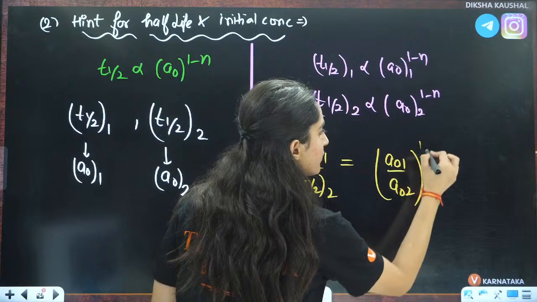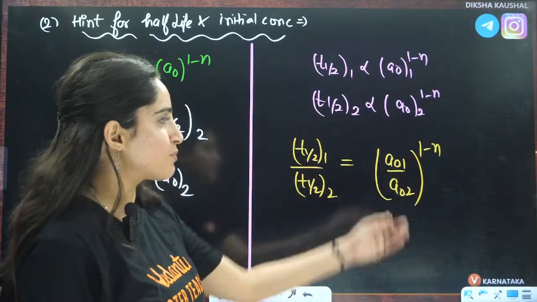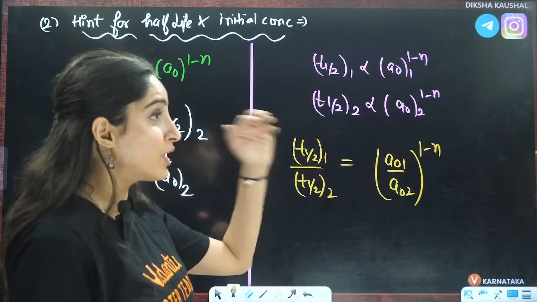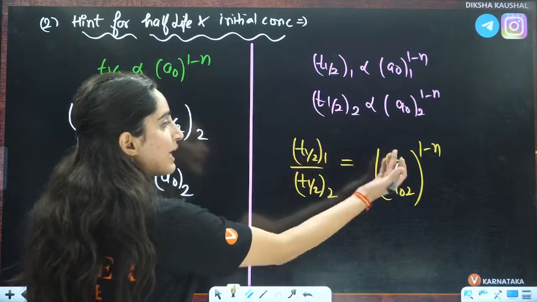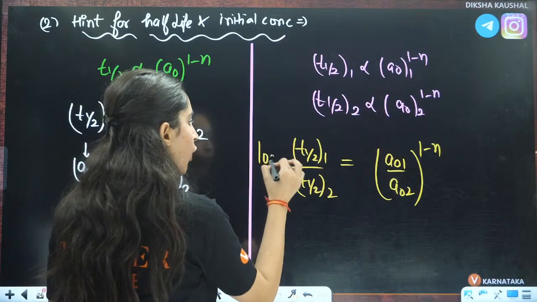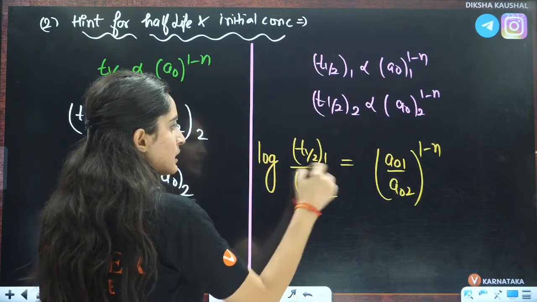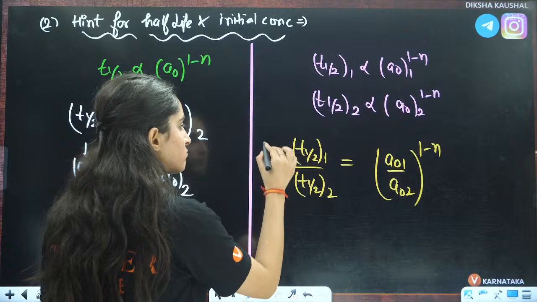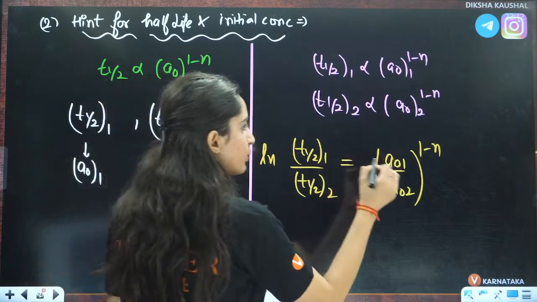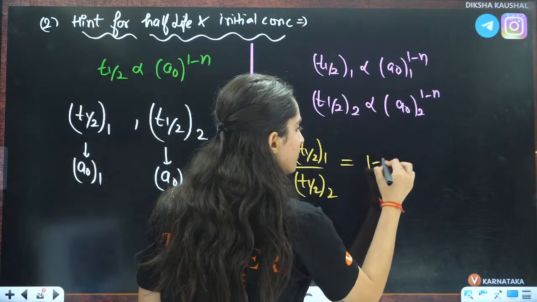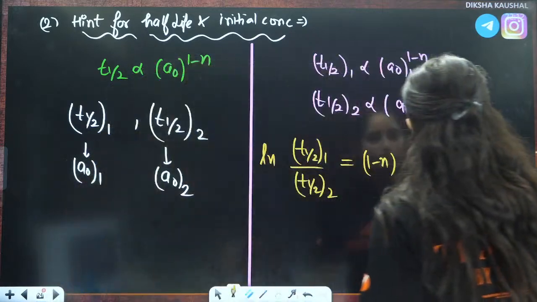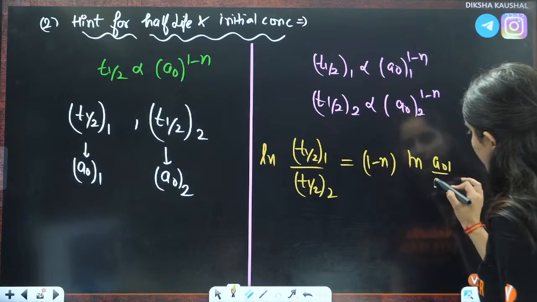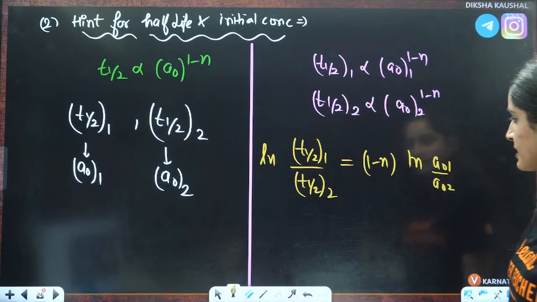I am doing the derivation here so that you also understand where I have written this formula from, but you don't need to derive it. Then take a log on both sides. Take the natural log, it will be 1 minus n, because the power will come in the front, times natural log of A naught 1 by A naught 2.